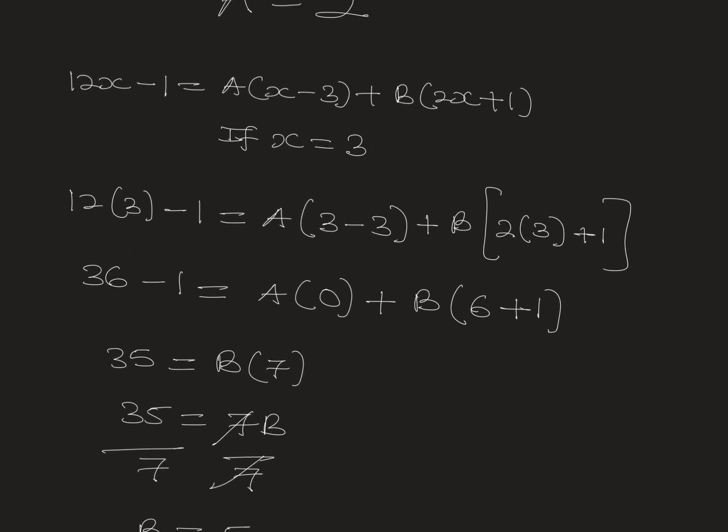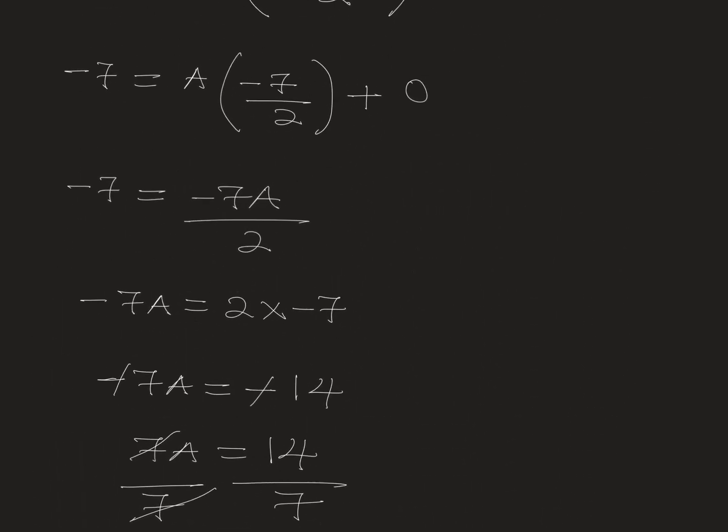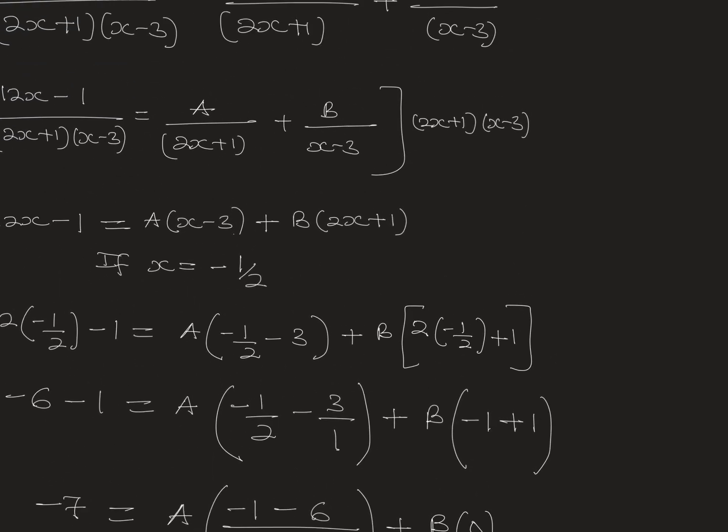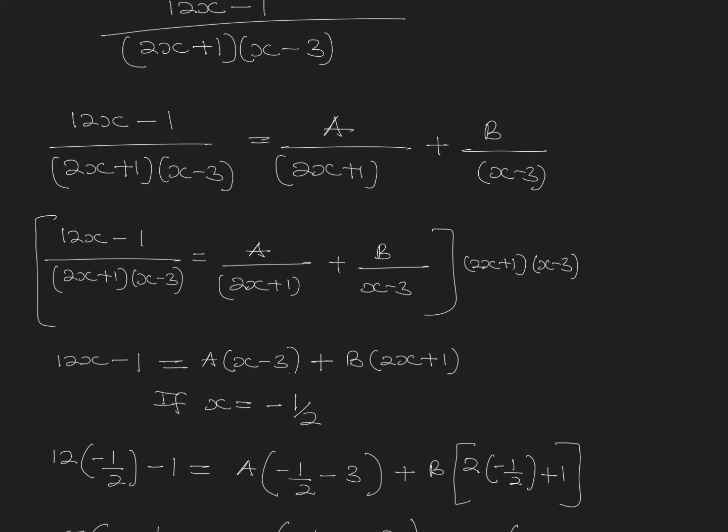All right, now what do we have to do? We're going back to where we've said 12x minus 1 divided by 2x plus 1 into x minus 3 is equal to a divided by 2x plus 1 plus b divided by x minus 3, and then we substitute the values of a and b. Okay, that is what we have to do.